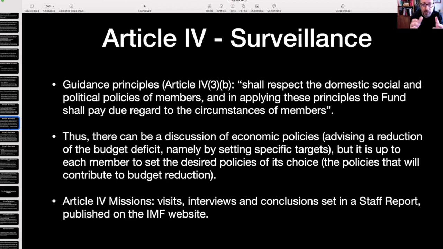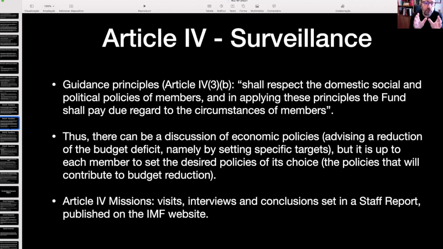They have broad discussions with government officials, with stakeholders, business associations, trade associations, unions, etc. And then the result of these consultations is published on the IMF website. So it does evaluate the policies and indicate whether or not those policies may create problems for the international monetary and financial markets in the future.